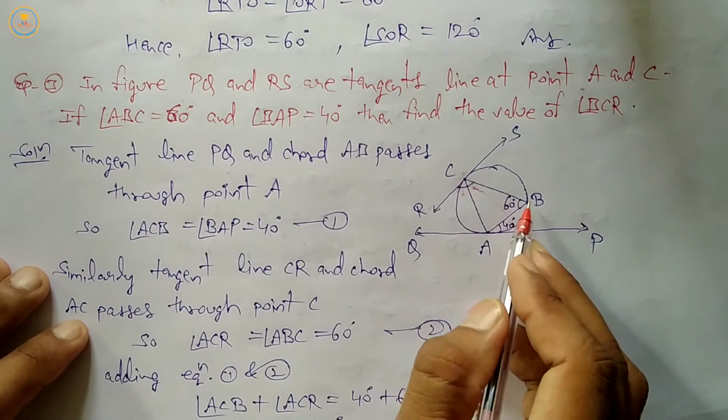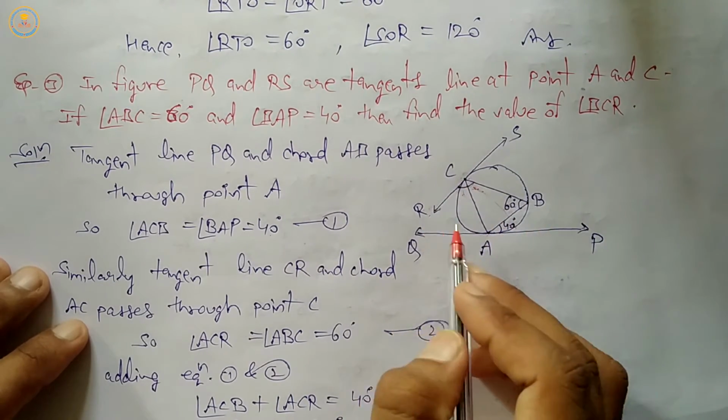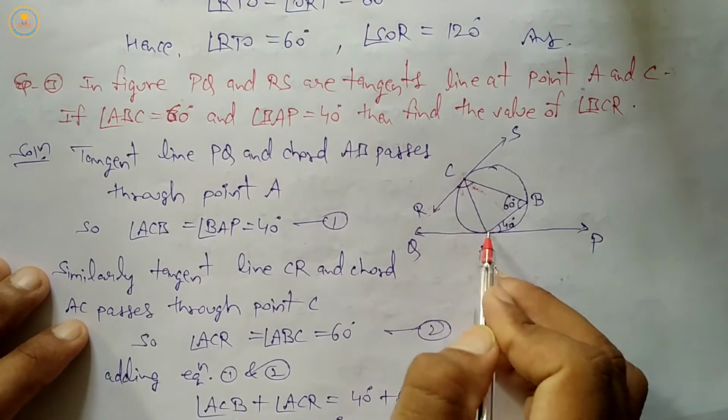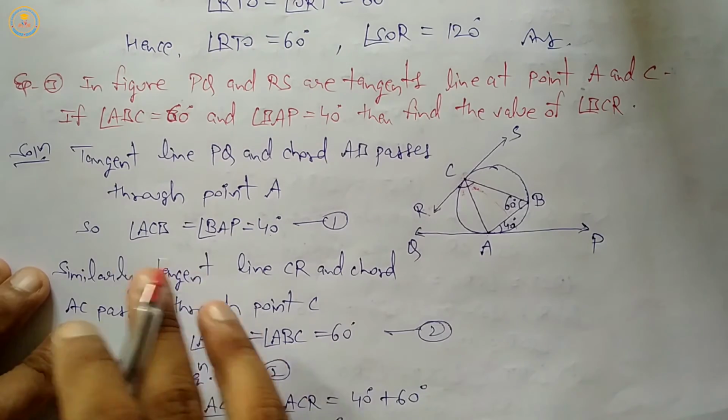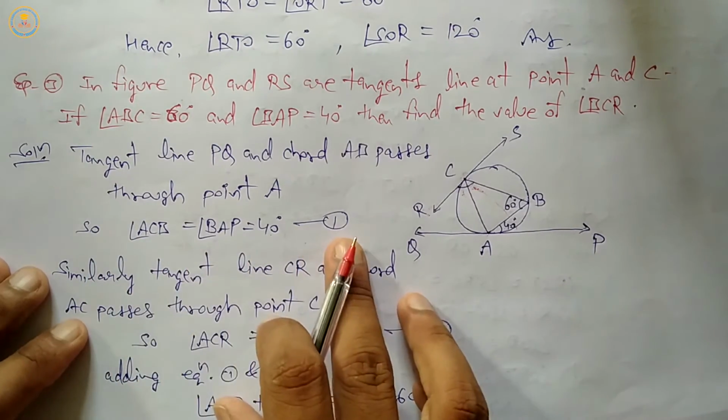Now we calculate BCR. BCR means RCA plus ACB, so 40 plus 60 is 100 degrees. By equation first, ACB equals 40 degrees.